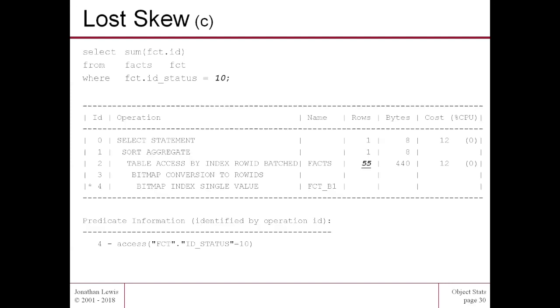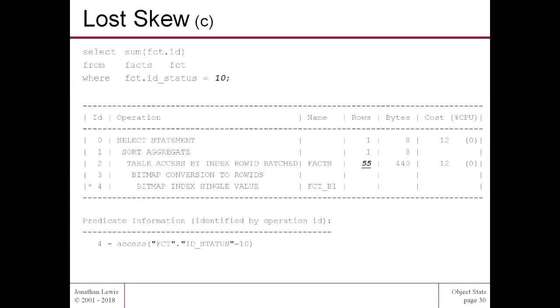As we would hope and expect, Oracle has said my predicted cardinality is 55 rows, status 10. We've got a histogram on the table, so it's not surprising that Oracle has come up with the right value. I happen to have a bitmap index on this table as well, which is why we've got this bitmap conversion access path there. Status 10 corresponds to status code K.